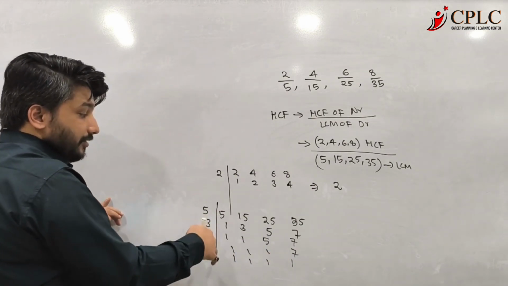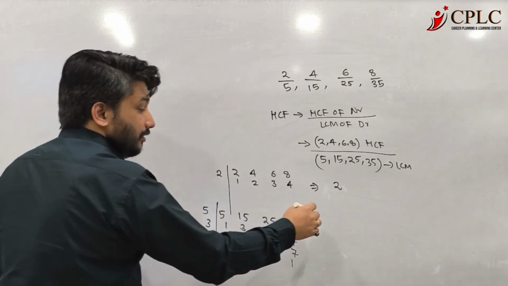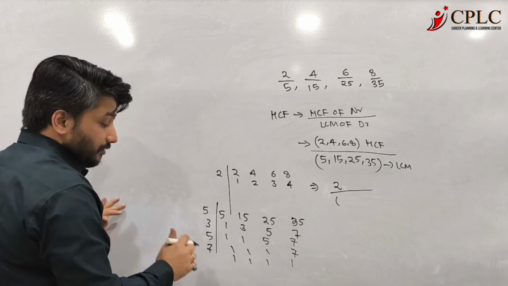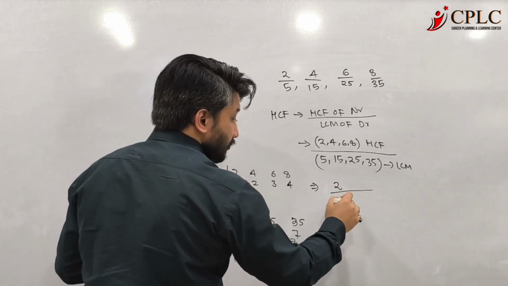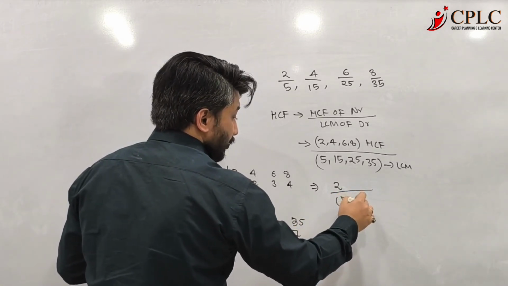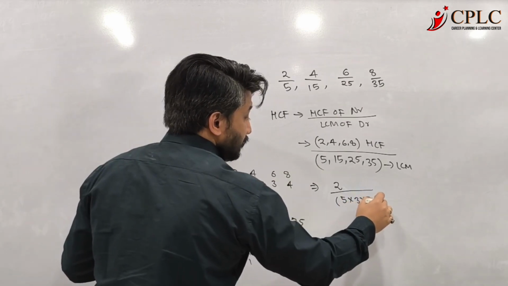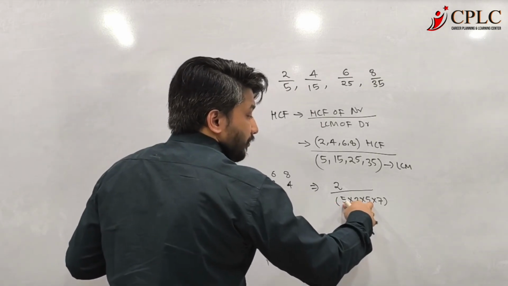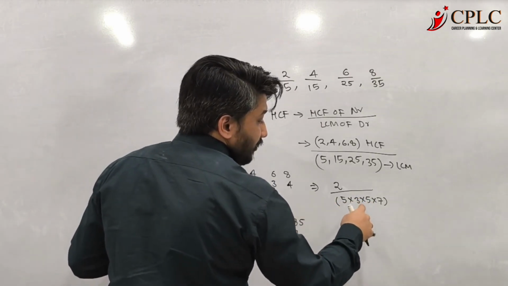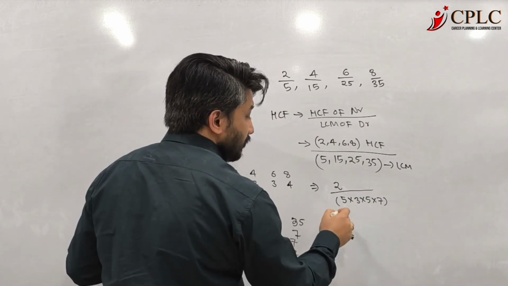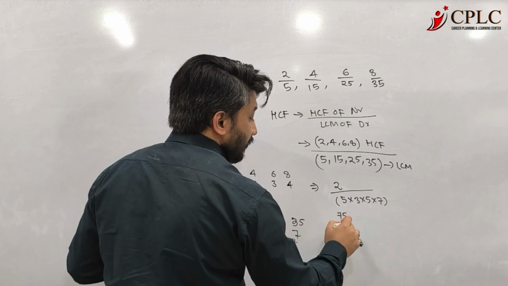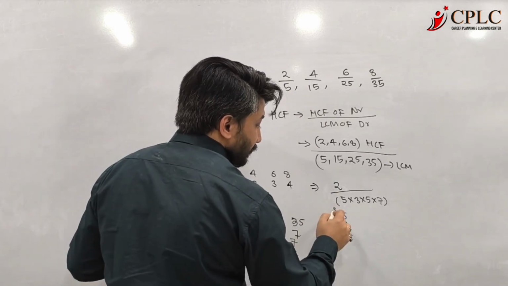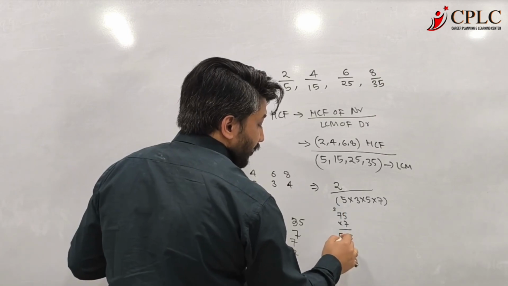So now if I calculate the LCM, it will be multiplication of 5, 3, 5, 7. So it will be multiplication of 5 into 3 into 5 into 7. So if I do this, 5 5s are 25 and then 25 3s are 75 and 75 into 7, so that will be 525.